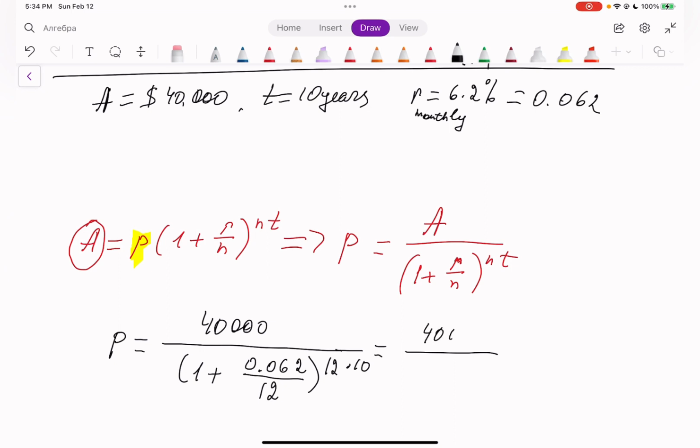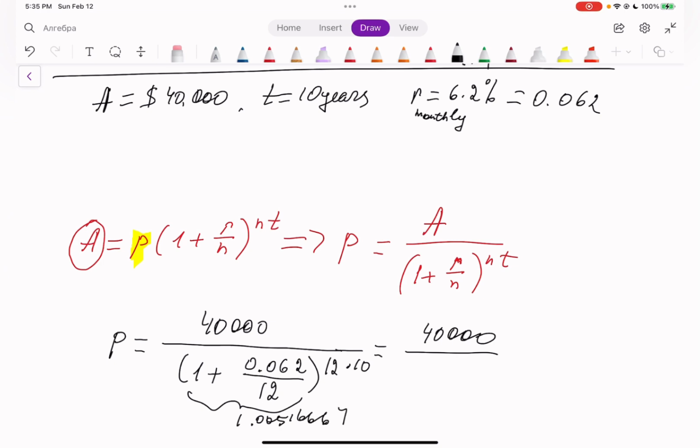So 40,000. 0.062 divided by 12, I'm getting 0.005 and so on. Plus 1, I'm getting 1.00516667.